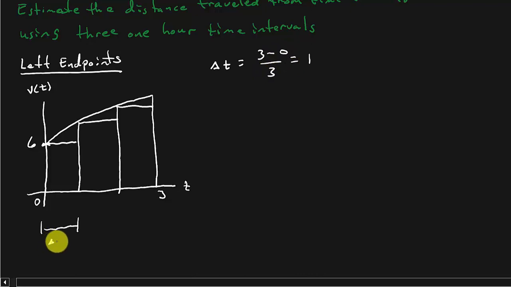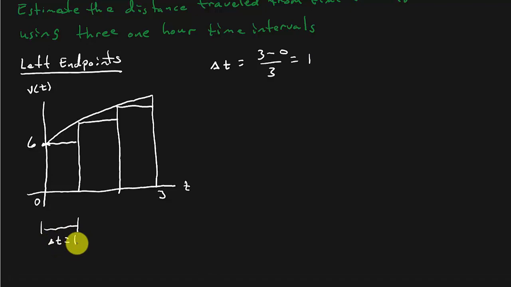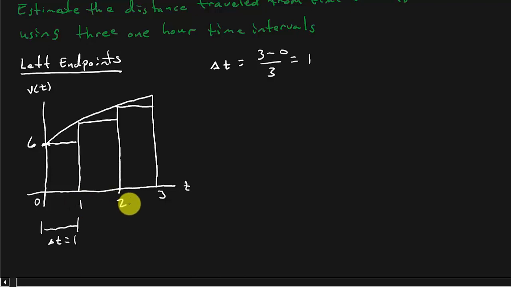So delta t is equal to 1. I know you can do that in your head, but I'm writing it down so you can see it. I'm showing all my work, because if I don't, I'll get a comment asking how did you get that. So we know the width of each rectangle is 1. So this would be 1, and that would be 2.